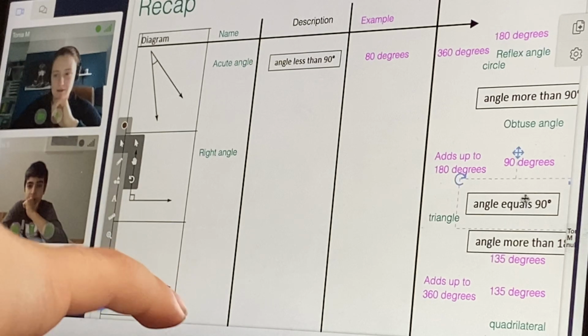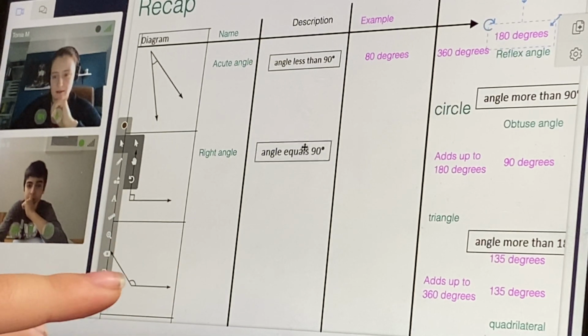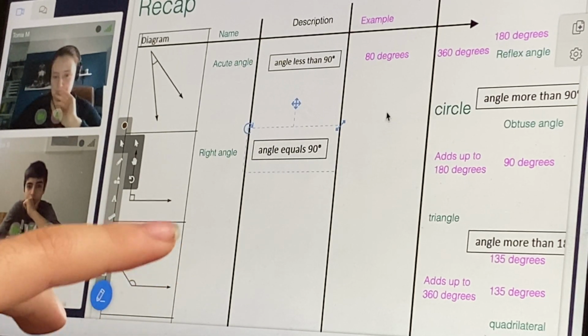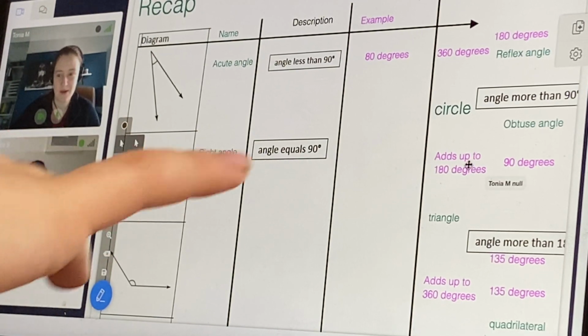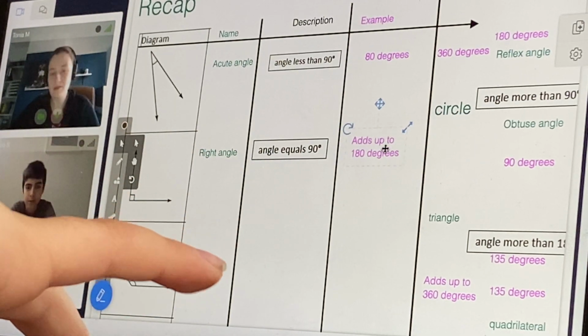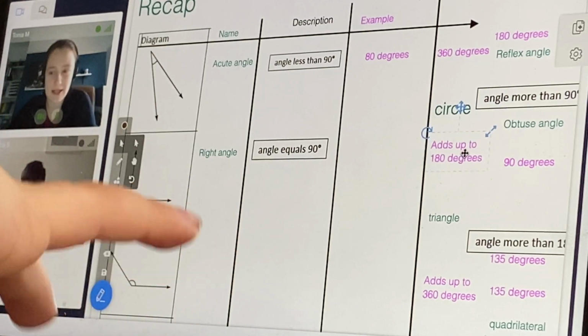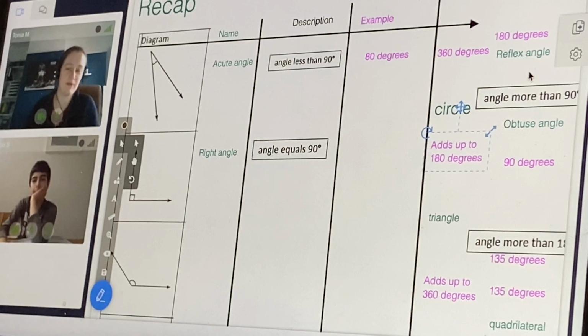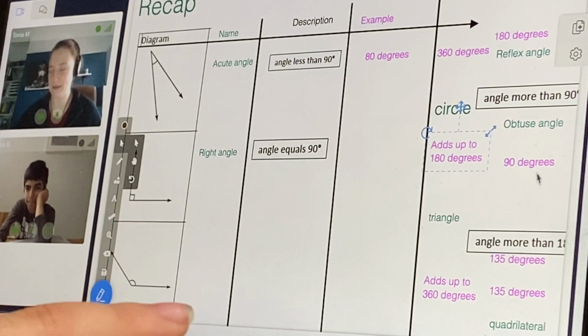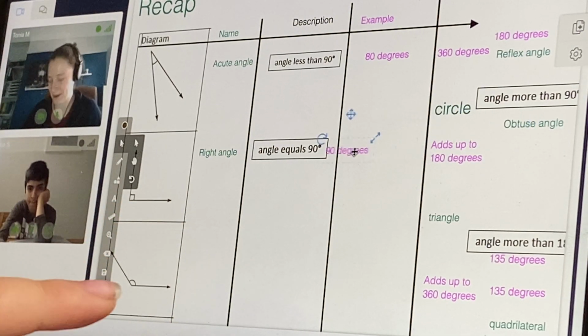Yeah, it's 90. Can you find 90 in the list? Yeah, over here. Brilliant. And adds up to 180. Not quite adds up to 180. The angle equals 90, so the example must just be 90. Sorry, I know that's a bit confusing, but it was still getting to fit with the columns.